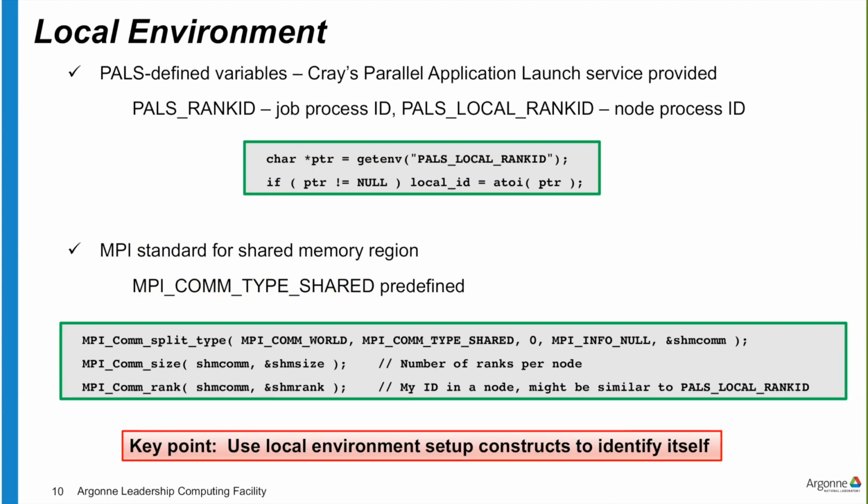But the idea here is that you can ask for the local rank ID. This is the ID of your rank within your node, and then understand how you want to assign the GPUs to this particular rank. And you can have a communicator. In this particular case, I create the communicator shared memory comm with the size of this communicator being the number of ranks per node, and the rank itself should be the same as PALS local rank ID.